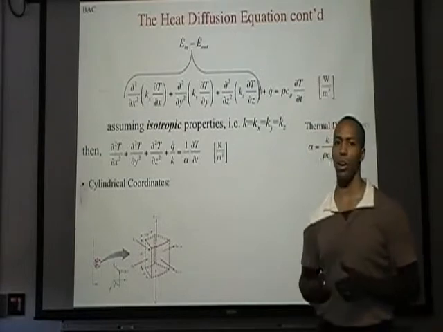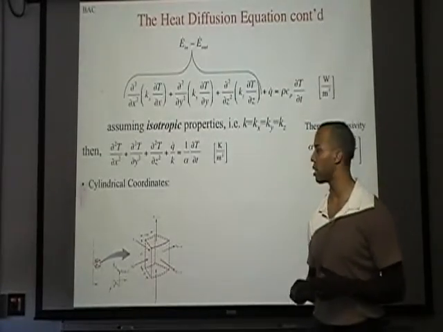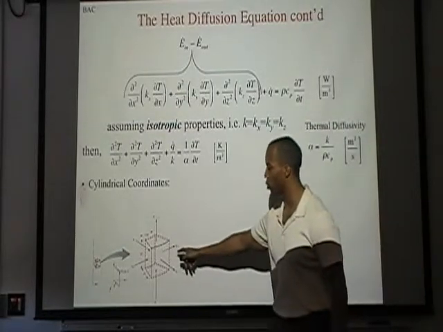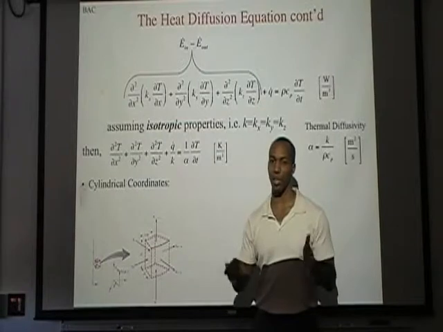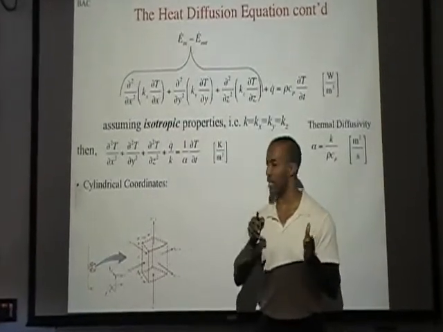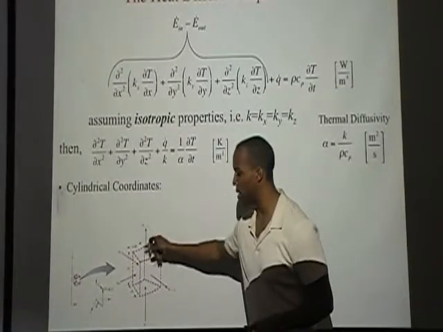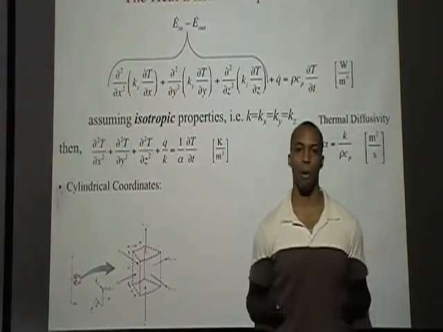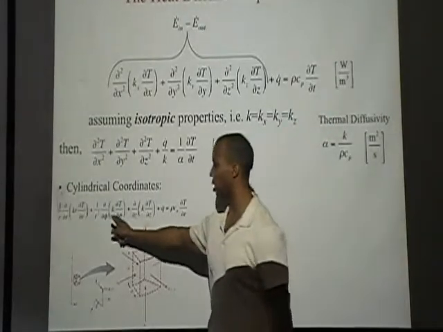And we started with Cartesian coordinates. You can do the same thing in cylindrical coordinates, where you start off with a control volume, and instead of having nice, easy to deal with dx, dy, dz, we end up with arc lengths that we have to deal with. So therefore, it makes the equation look a little bit different. And I know you can't see this on the board, but you can see it in your notes.